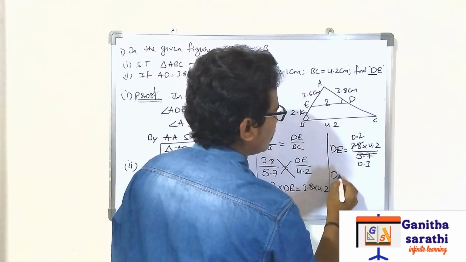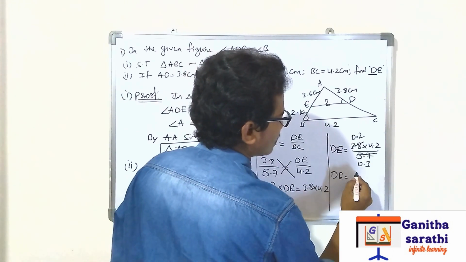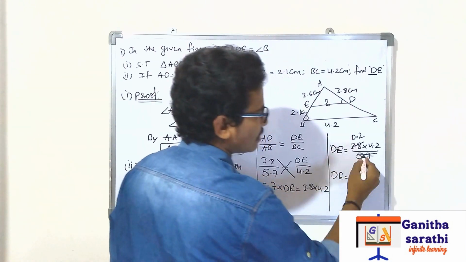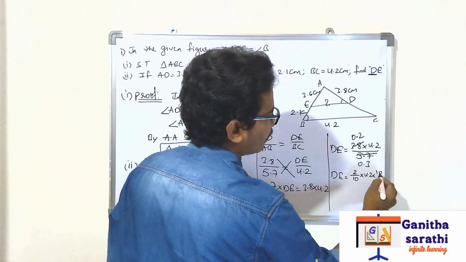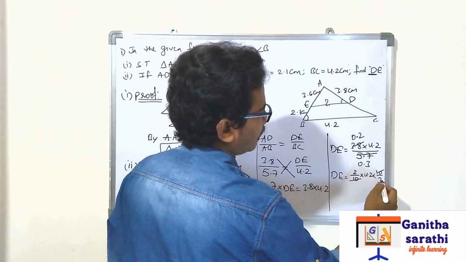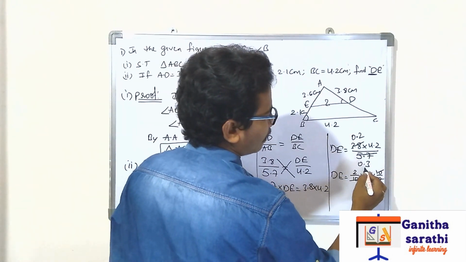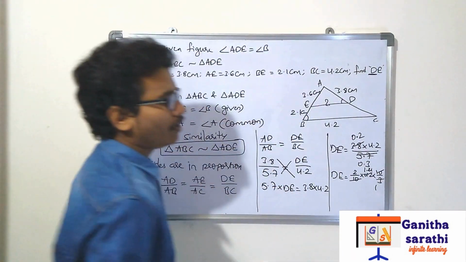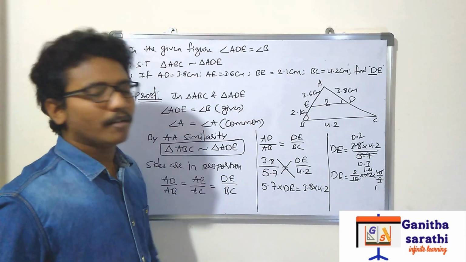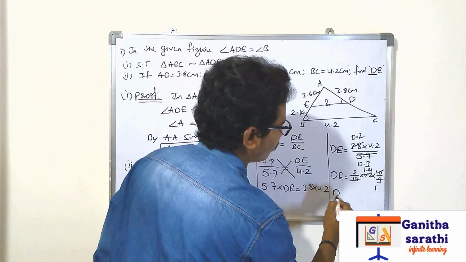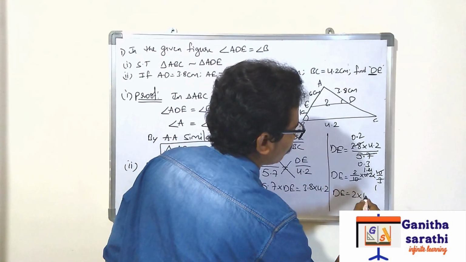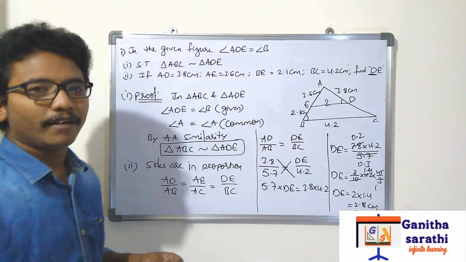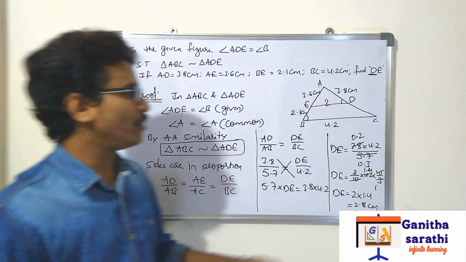Now DE is equal to 2 by 10 into 4.2 into 10 by 3. The 10 and 10 cancel. 3 ones are 3, 1.4, since 3 into 1.4 is 4.2. So 2 into 1.4 is 2.8 centimeters. So what is the value of DE? 2.8 centimeters.